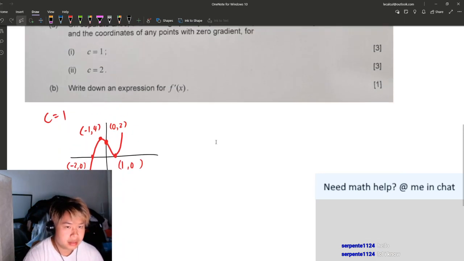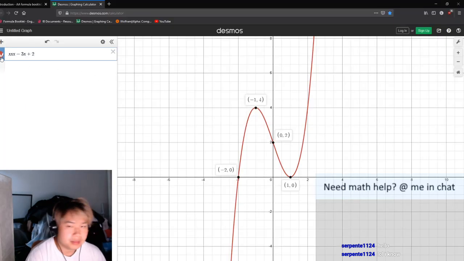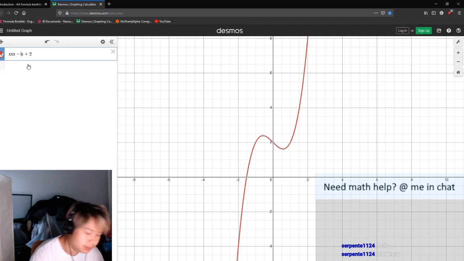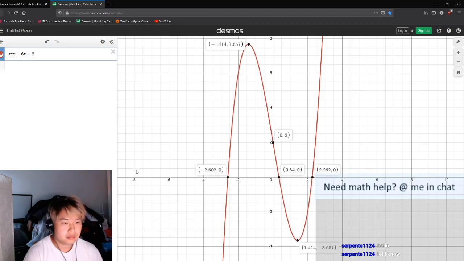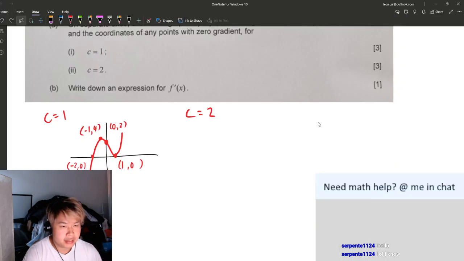So I'm curious to see what happens when C equals 2. Is it going to be more extreme? That's the point of this exploration. If C is 2, then it's going to be 3 times 2, which is 6. As you can see, it becomes more extreme. Okay, so you would sketch this out and label everything that is of importance.